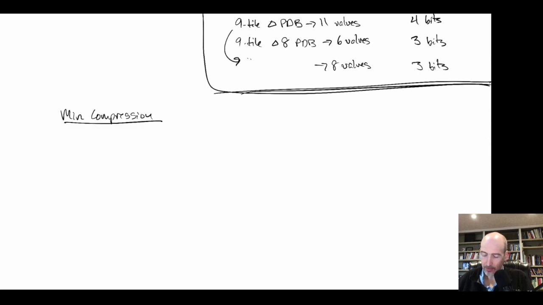And we're going to make this into 2 techniques, which is div and mod. And div is basically going to say, we're going to take our pattern database. And remember, a pattern database is just a table of numbers. So what div is going to do is basically, we're going to compress k adjacent entries.